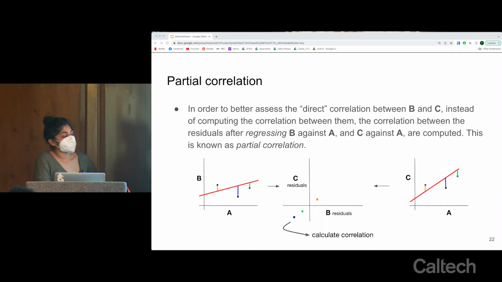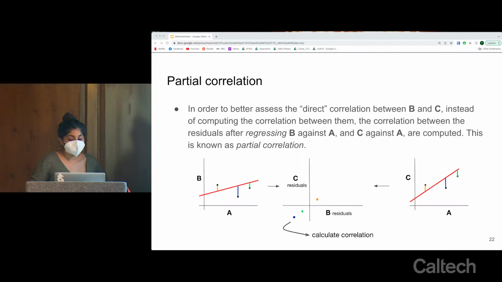And you want to know how 2 of those things correlate to each other, but you want to remove the effect of some third variable. So maybe you want to know the relationship between age and income, but you want to control for the effect of education or something like this.